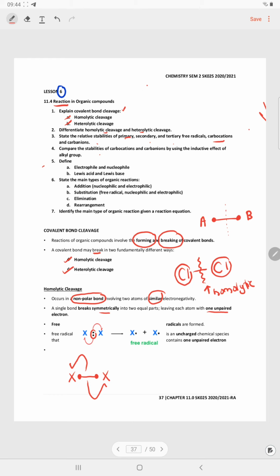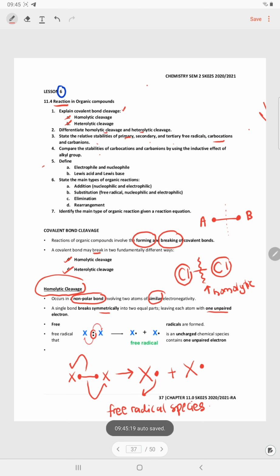So the product formed is an X atom with one unpaired electron. This unpaired electron we call a free radical species. This process we classify as homolytic cleavage.